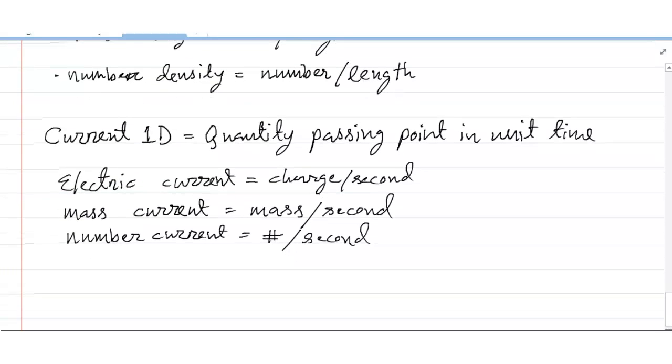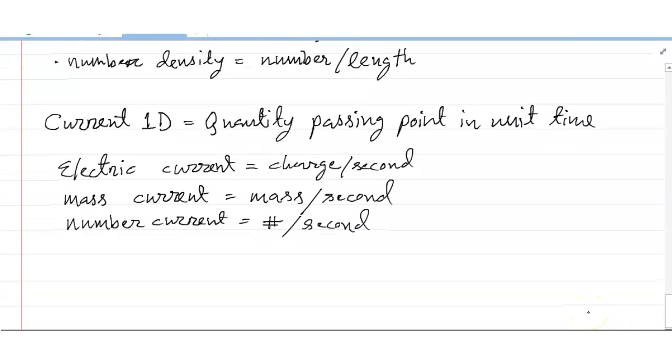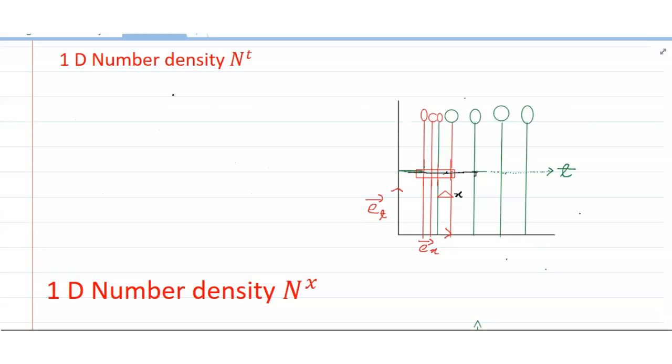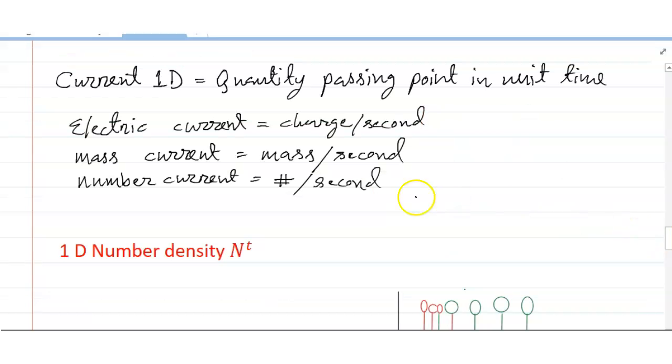Now we discuss 1D number density. Number current is equal to number divided by seconds.